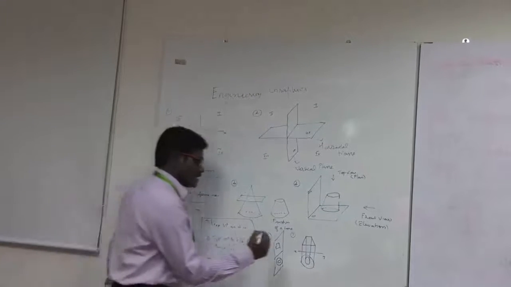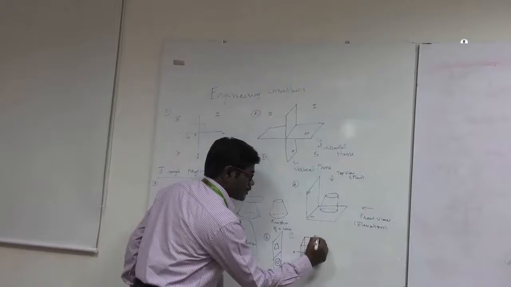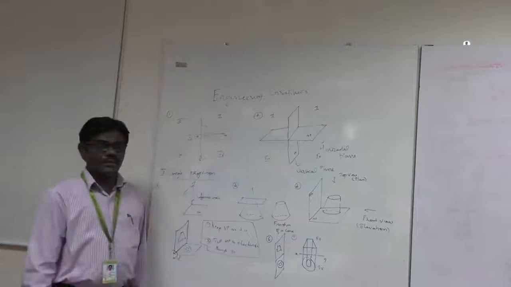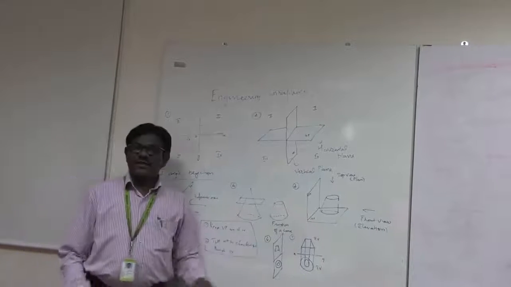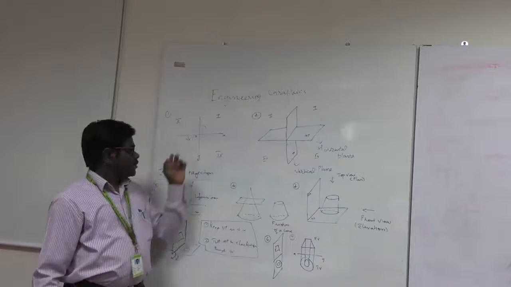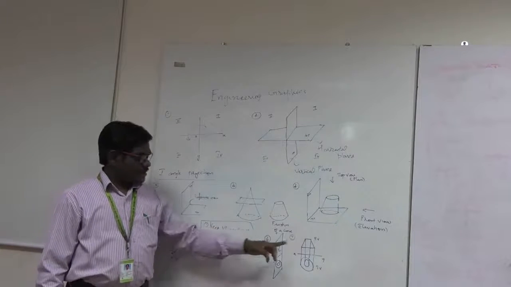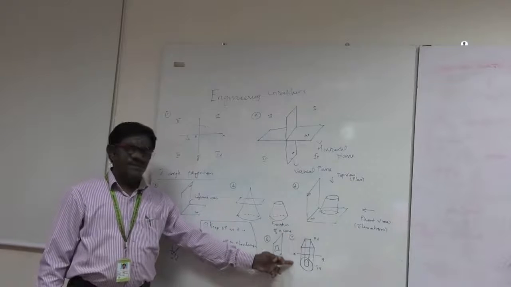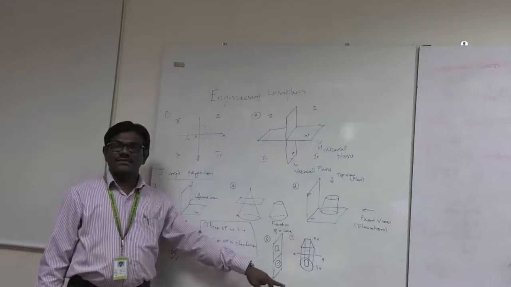Okay. So this is nothing but front view. This is top view. By this, what we learned is, in first angle projection, we are getting the elevation above reference axis and plan below reference axis.